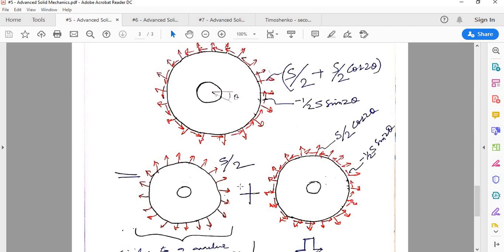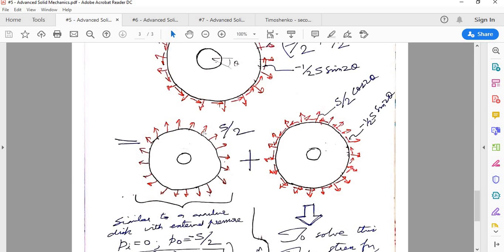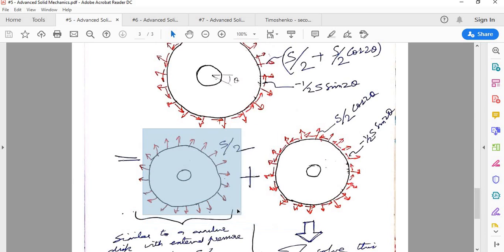So if you have a beam subject to UDL plus point load, as long as the deflections and stresses are within linear range, the deflection due to point load plus deflection due to UDL will give the deflection due to the total loads. That is the principle of superposition that we have used here again.